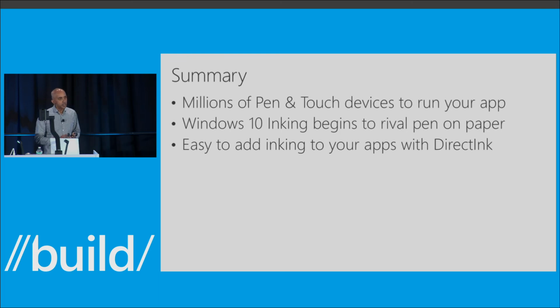With Windows 10, the new Ink platform is built from the ground up to start rivaling the pen on paper experience. The smooth ink demo you saw and the inking in the apps that I showed hopefully gave you a good idea of the capabilities. Finally, the DirectInk API makes it really easy to start building inking functionality in your apps.